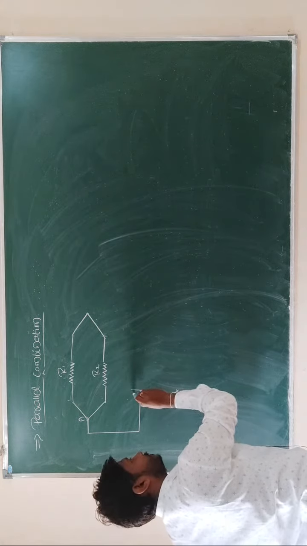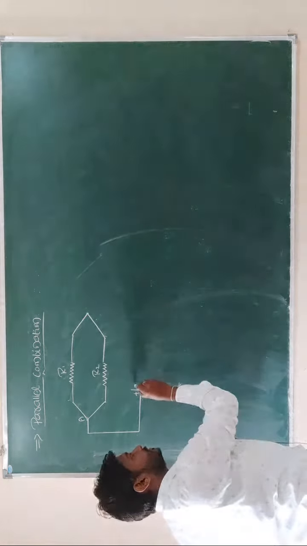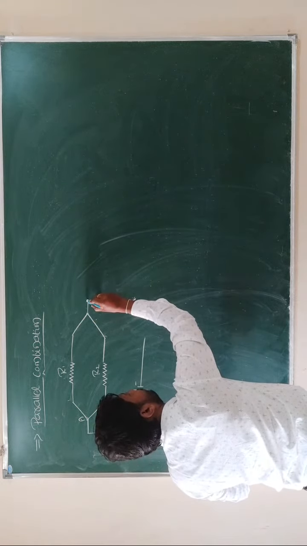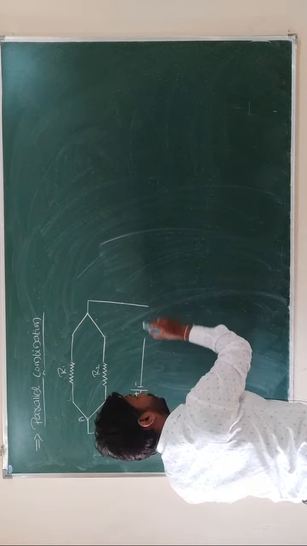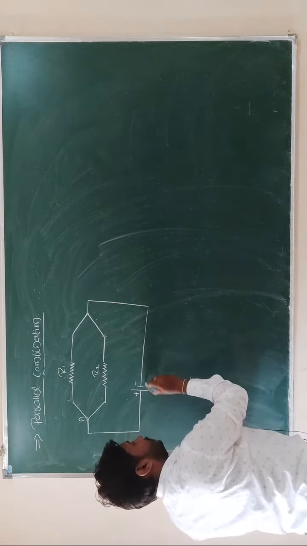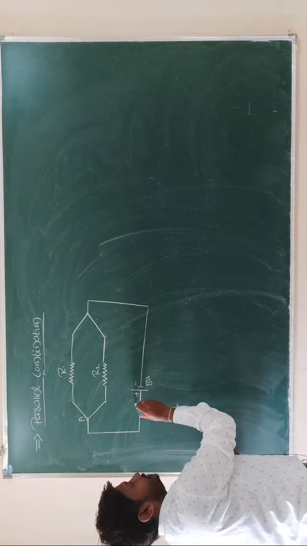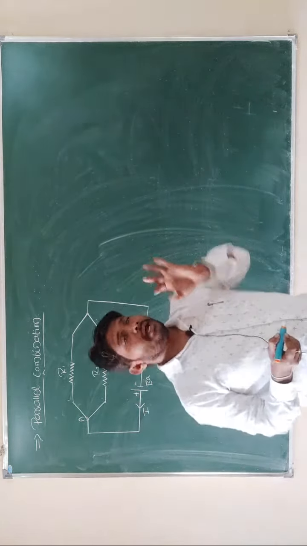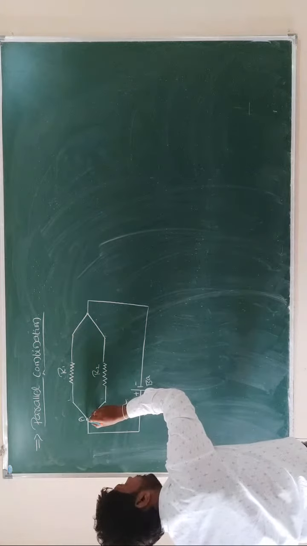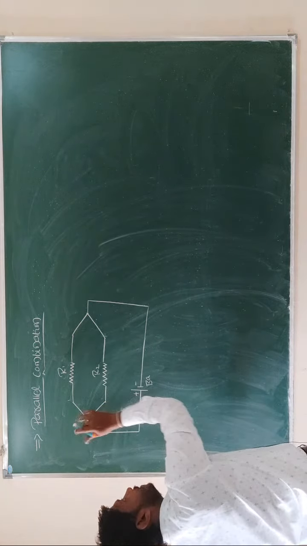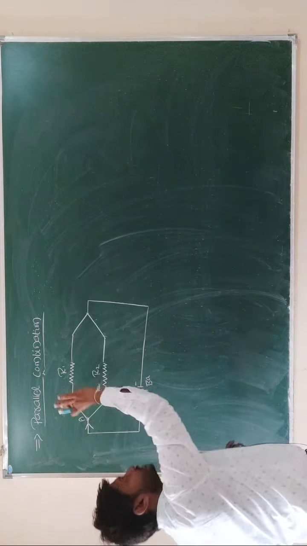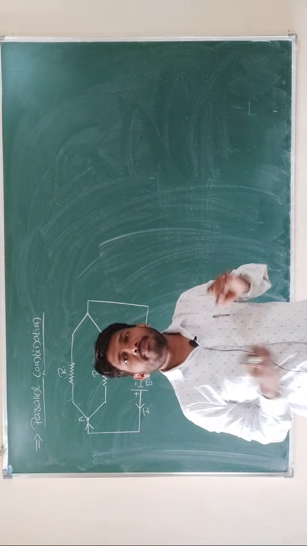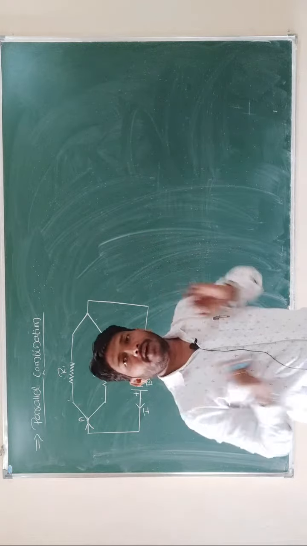Let us take, this is the positive terminal of the battery and this is the negative terminal of the battery, right? Now suppose I amount of current is flowing from the battery. Now that current reaches point A. At this point A, the current gets branched.